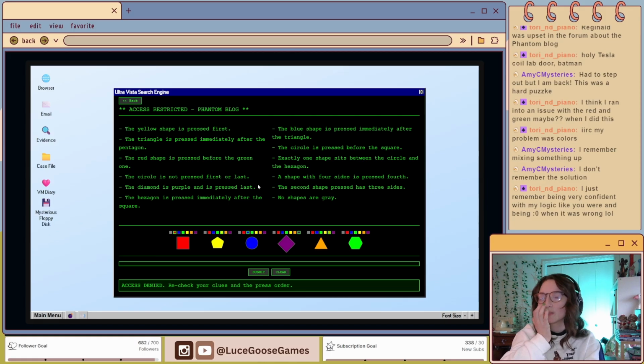Exactly 1 shape sits between the circle and the hexagon. A shape with 4 sides is pressed fourth. The hexagon is pressed immediately after the square. The red shape is pressed before the green one. I literally cannot think of any other solution.